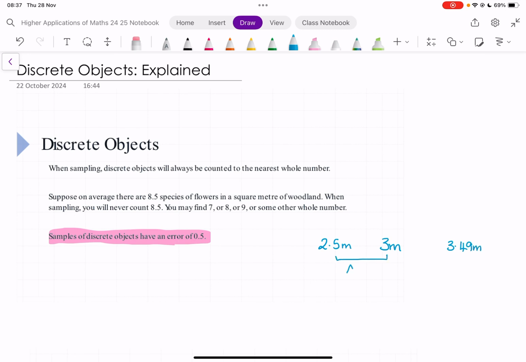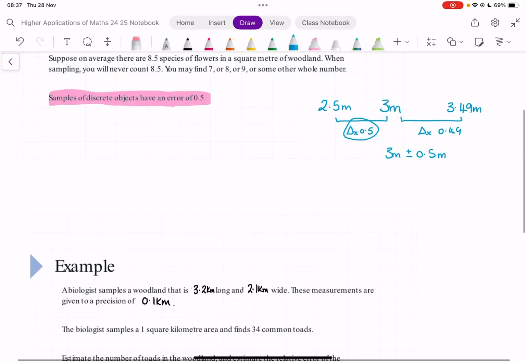The absolute error here is 0.5. The absolute error here is 0.49, and we choose the larger of the two. So 3 metres plus or minus 0.5. We've done that a few times already. This is the same idea.